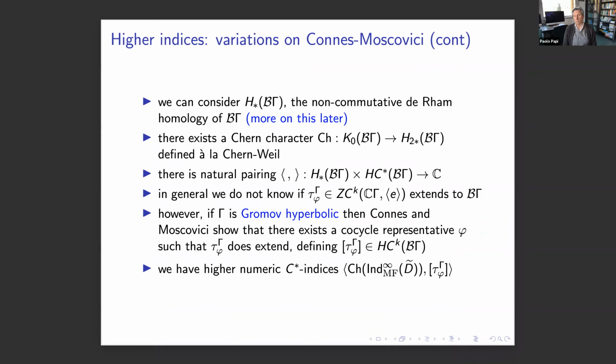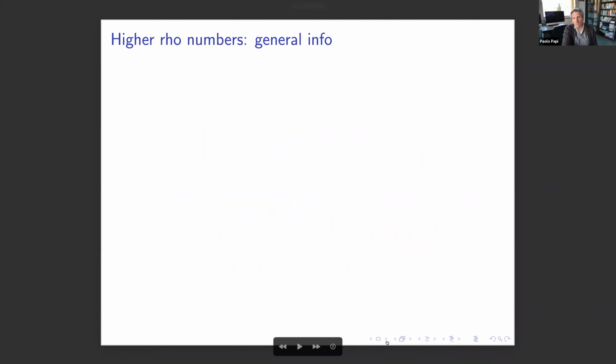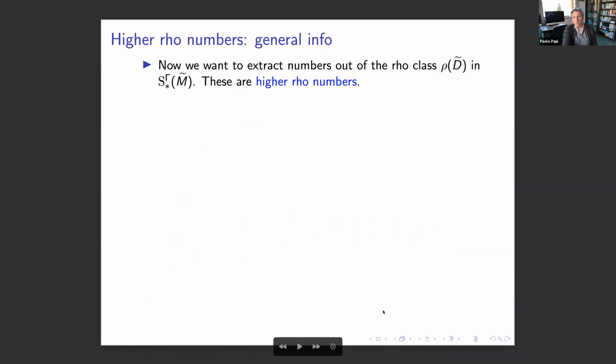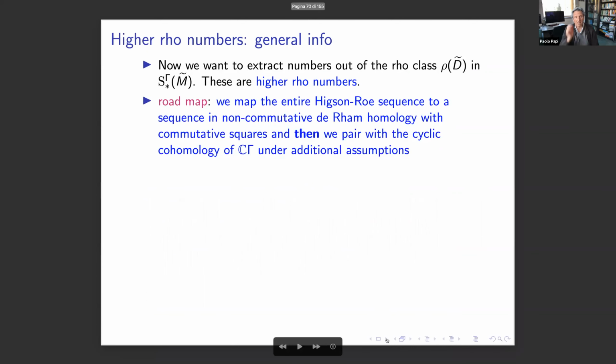Okay, so anyway, these are the higher indices. Okay, but now we would like to define the higher rho numbers. So this is our goal. After all, we want to extract numbers out of the rho class. So what is the roadmap? The roadmap is the following.